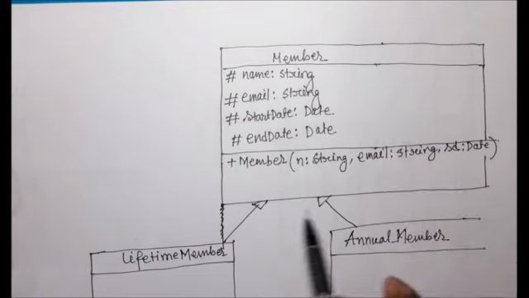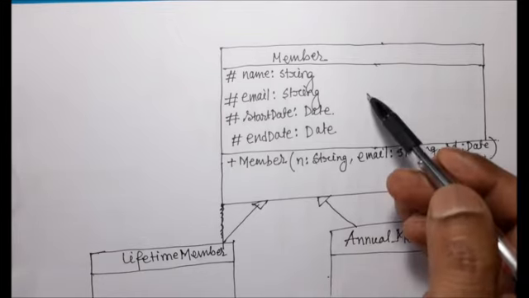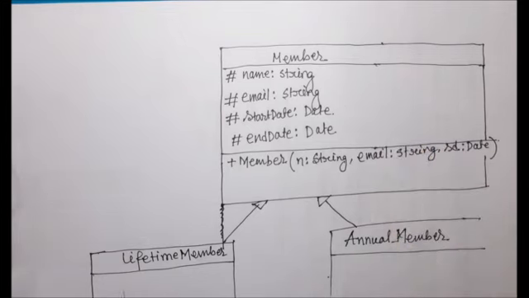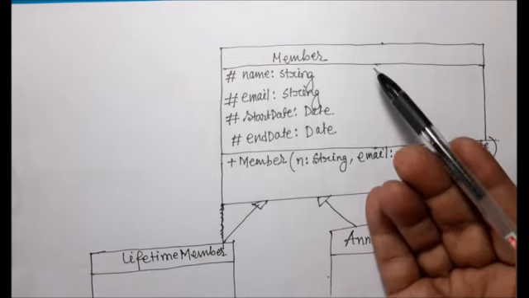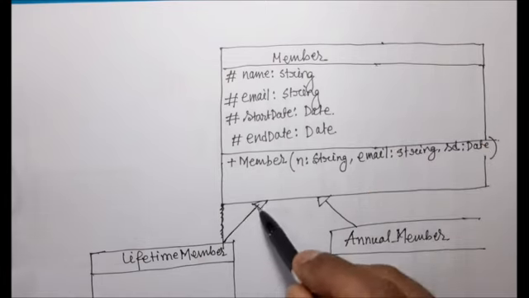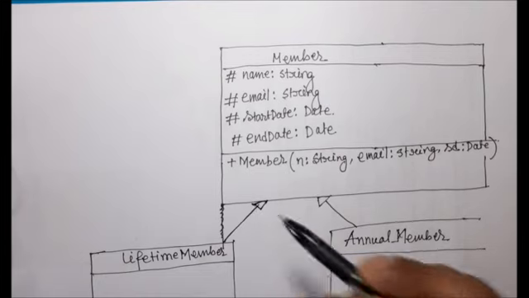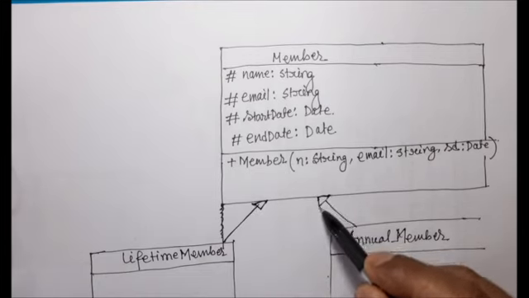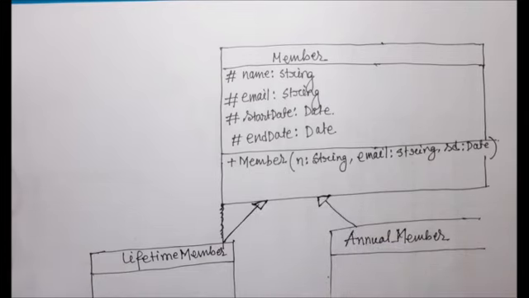This is the relationship between the member class and lifetime member and annual member. So we can think base class, derived class, right? The relationship we can represent by using the arrow symbol.